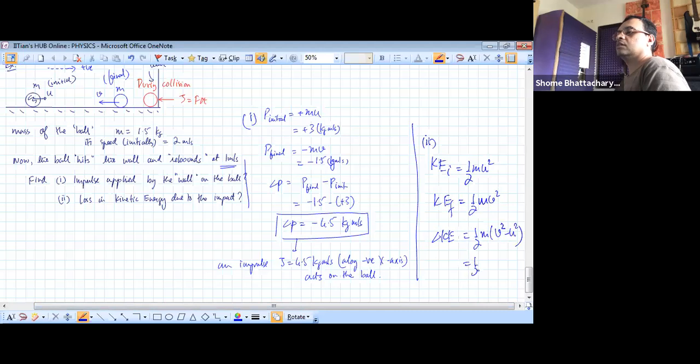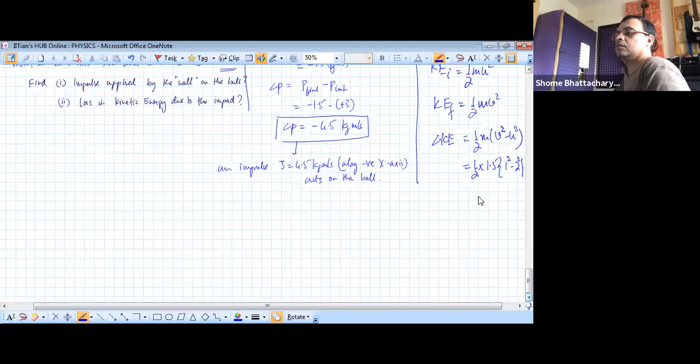So that is half of 1.5 into 1 square minus 2 square. So that is 3, so 3 by 2 is 1.5. So 2.25, but with a minus sign.